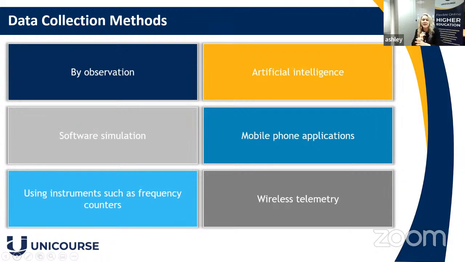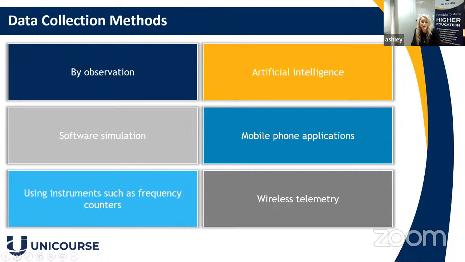You want to clean that data in order to be able to understand that data, in order to maybe forecast what's going to happen in the future. So you can use instruments such as frequency counters, which allow you to count the movement of products or people.